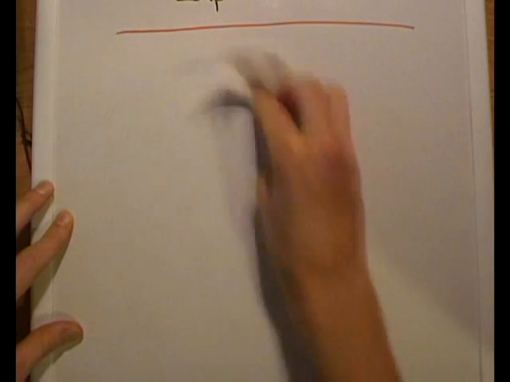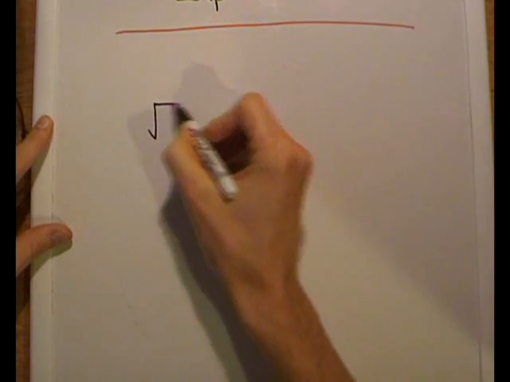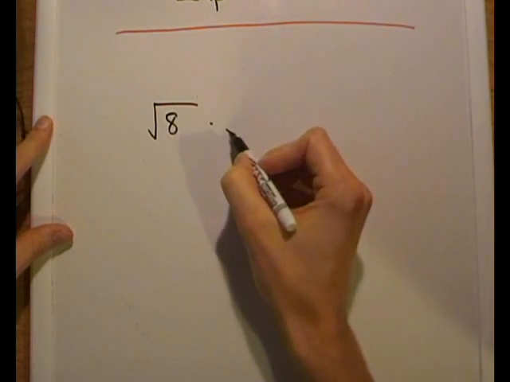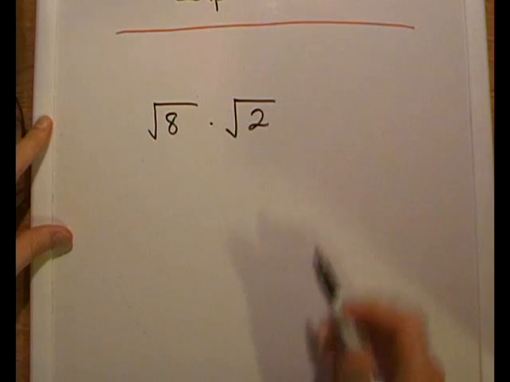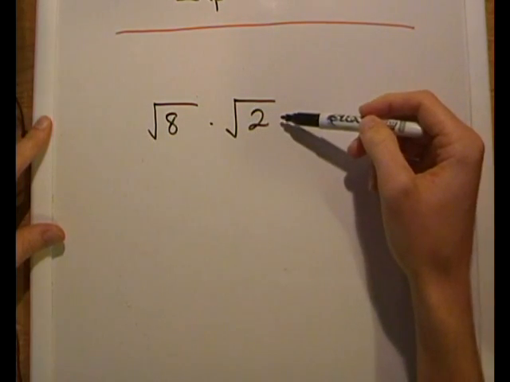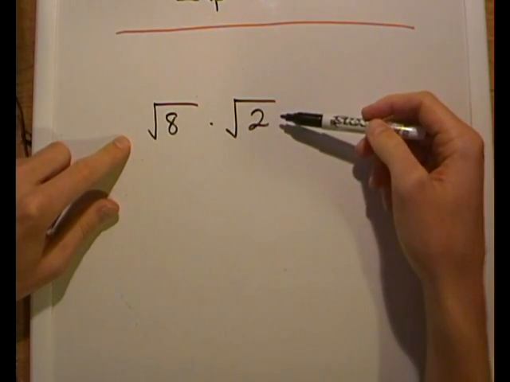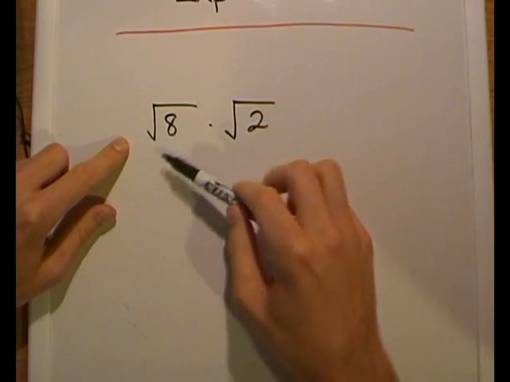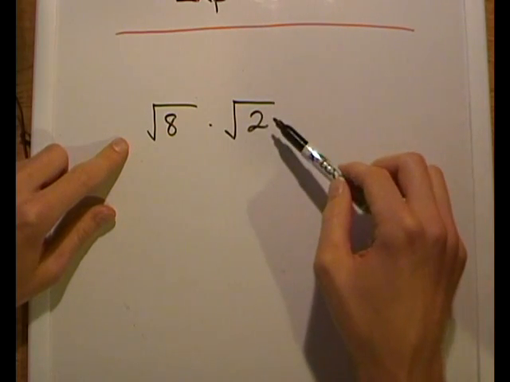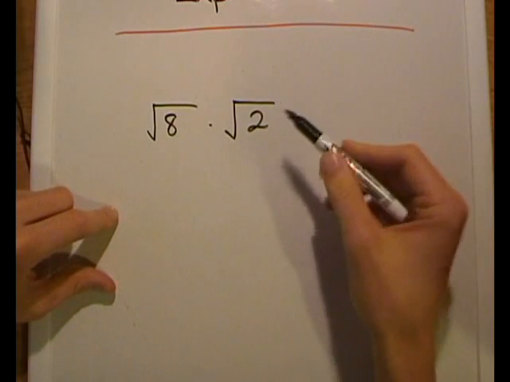So let's say we had a fraction problem. Well, let's start off with this problem: the square root of 8 times the square root of 2. In this case, the rule that I mentioned in the beginning of this video is going to come in handy, where I said that the square root of a times the square root of b equals the square root of a times b inside the same square root.